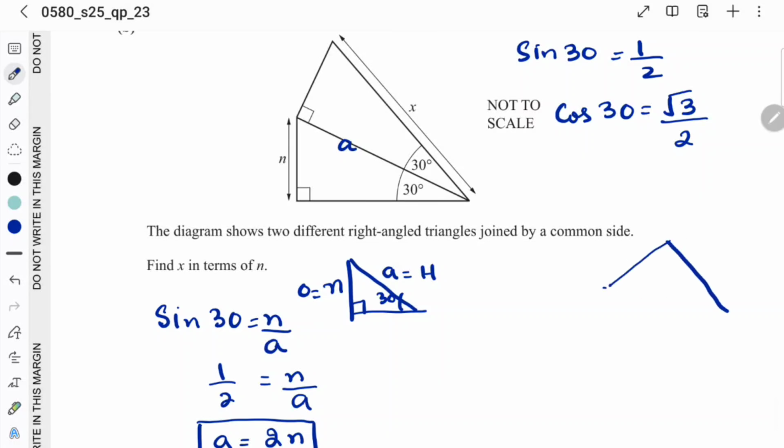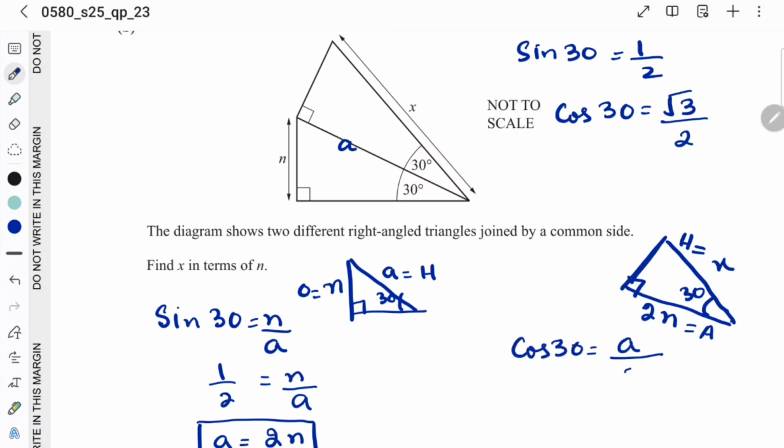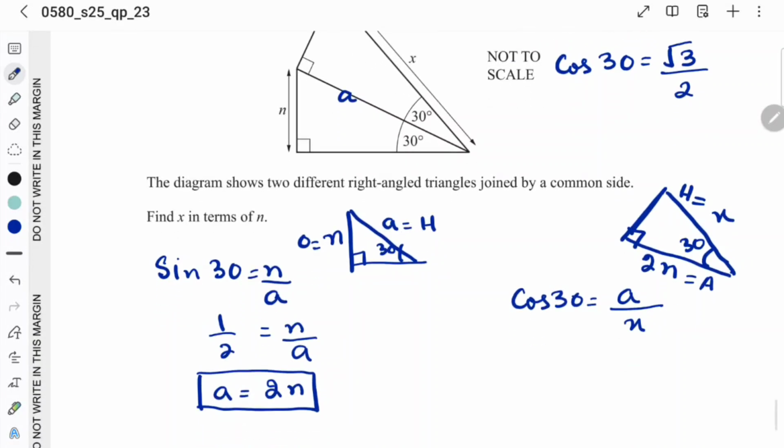In the other triangle, this is 30, this is x and this is a, which is 2n, and we have the 90 degree there. Alright, so what do we do here? This is your adjacent side and it is your hypotenuse. So cos 30, A over H, cos 30 is equal to a upon x, and we want x.